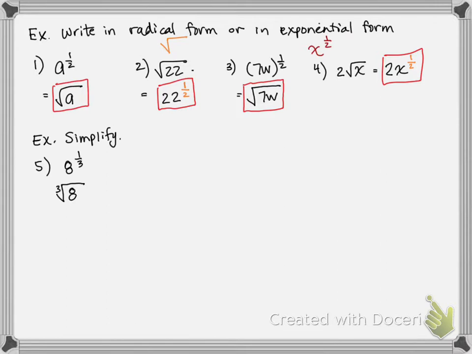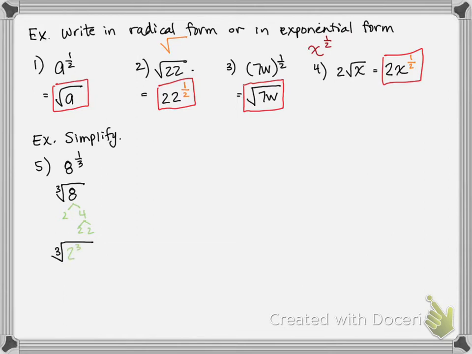Okay, so I have 1/8, and it's the cube root, so the index is 3. But then I got to figure out how to change 8 into a number where I have 3 of them. So if I do some prime factorization, I get the cube root of 2 cubed.